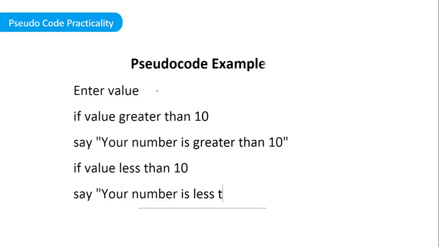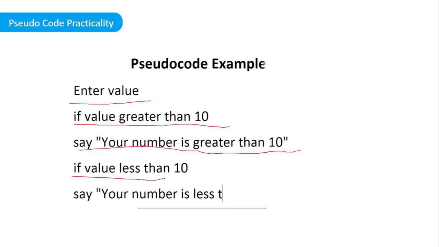Pseudocode. So first of all, this is a basic program. The program is just to tell whether the number you entered is greater than, let's say, 10 or less than 10. So first of all, we say enter value. Anybody at all can read this, right? Yes. And we say that if value is greater than 10, say your number is greater than 10.